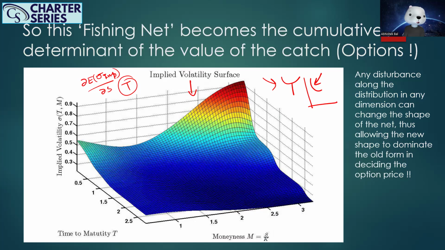So it is not just about the smile, it is not just about the smirk, but it is about the volatility surface, which comprises all the 5 inputs of the BSM, the time as one of the new dimensions, which is also known as the term structure, along with the volatility change with respect to the change in the underlying price. All these 3 factors are important to churn out the implied volatility surface. As I said, any disturbance along the distribution in any dimension can change the shape of the net, thus allowing the new shape to dominate the old form in deciding the option price.